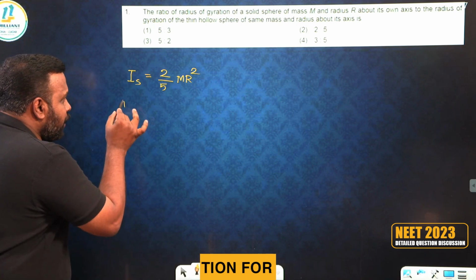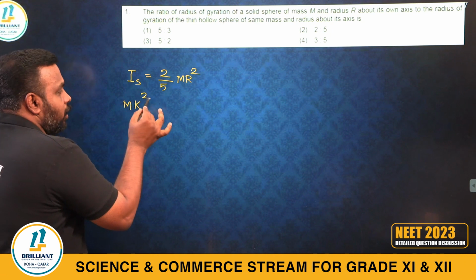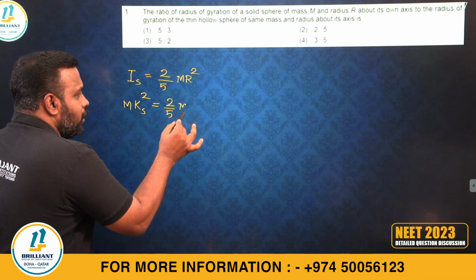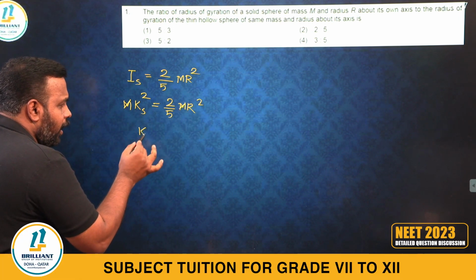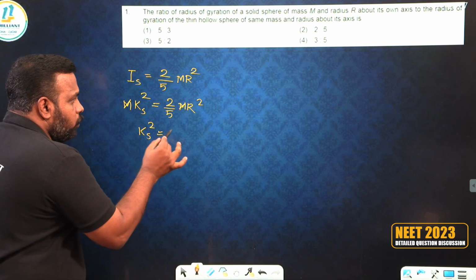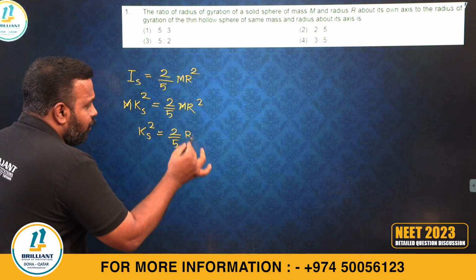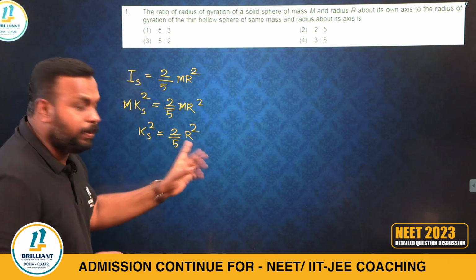So k of the solid sphere square is equal to 2 by 5 mr square. M gets cancelled. So ks square is equal to 2 by 5 r square. This is the relation of radius of gyration of a solid sphere with its radius.